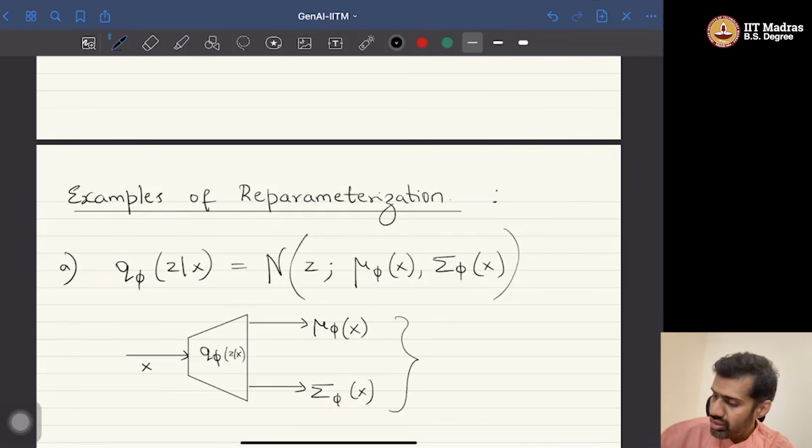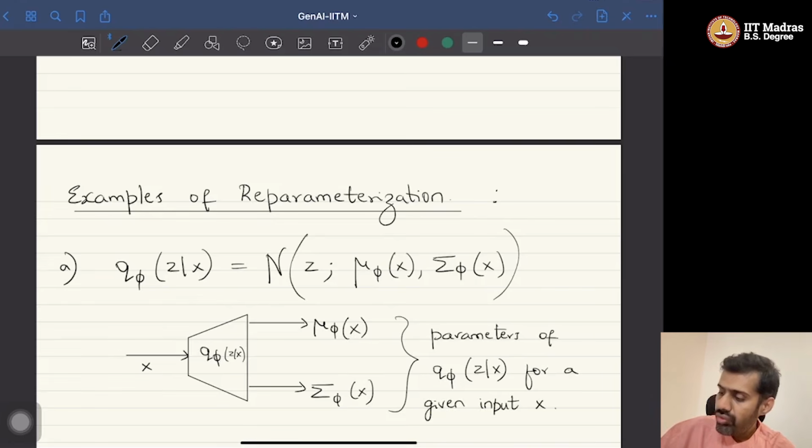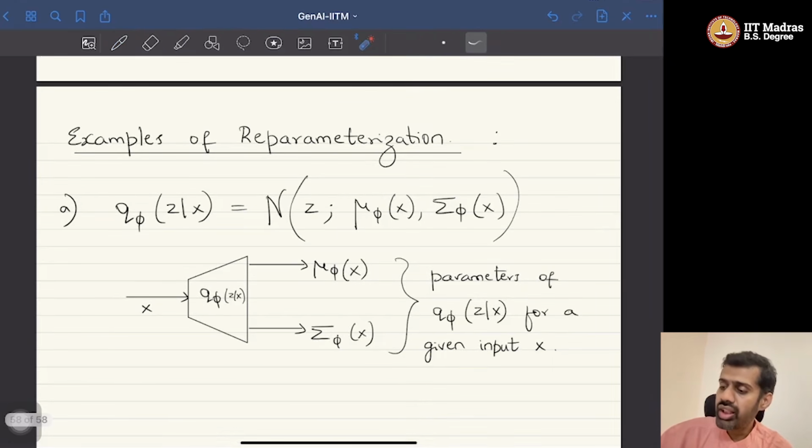These are the parameters of q phi of z given x for a given input x. This is under the assumption that my q phi of z given x is a Gaussian distribution with a certain mean and variance. The encoder neural network is going to give me the particular mean and the variance of the distribution that I have assumed on the latent posterior.